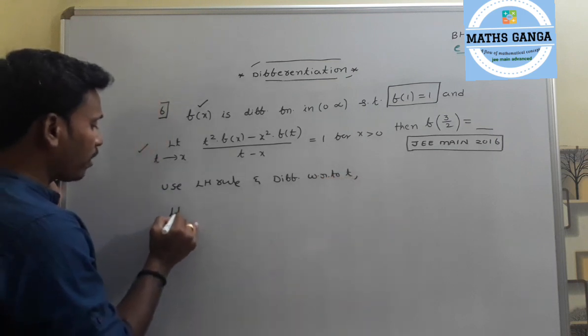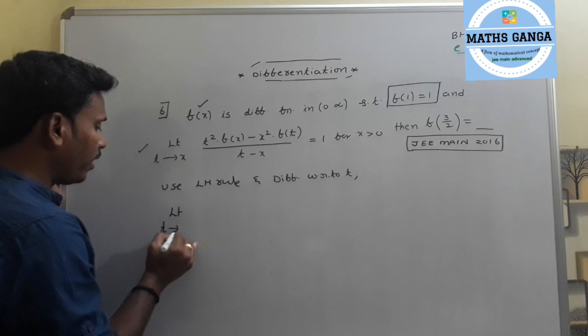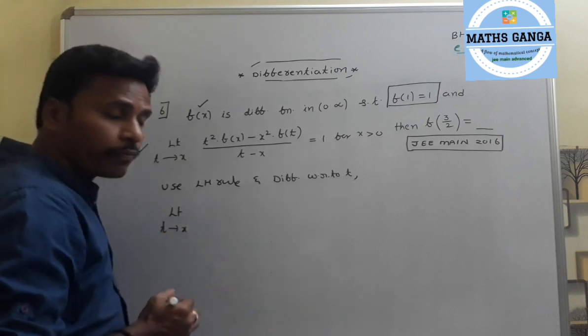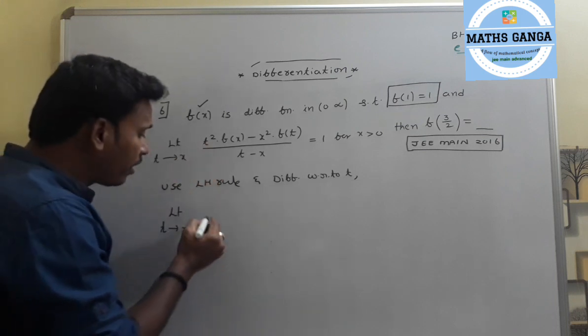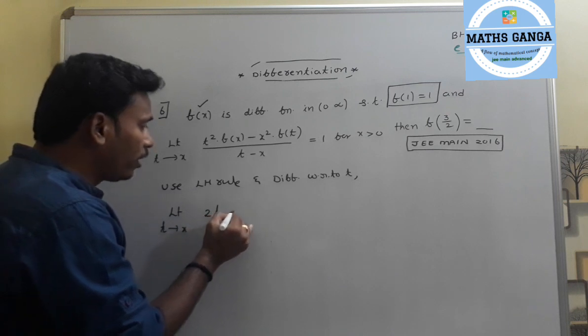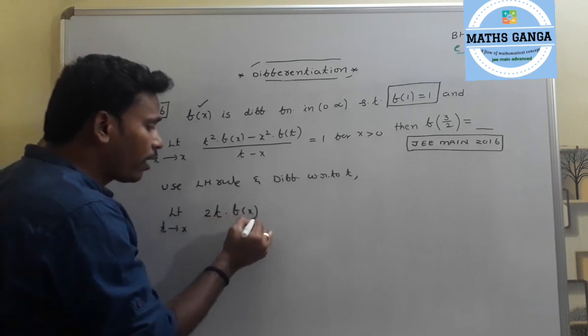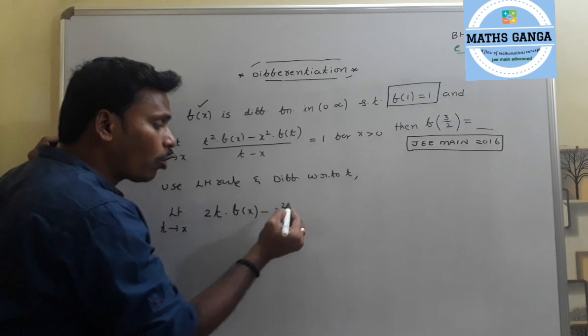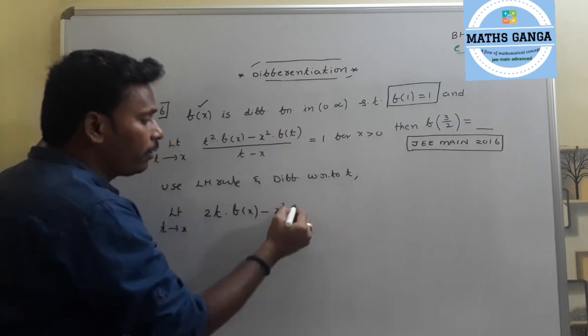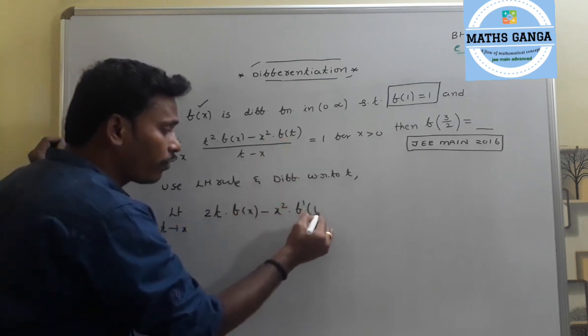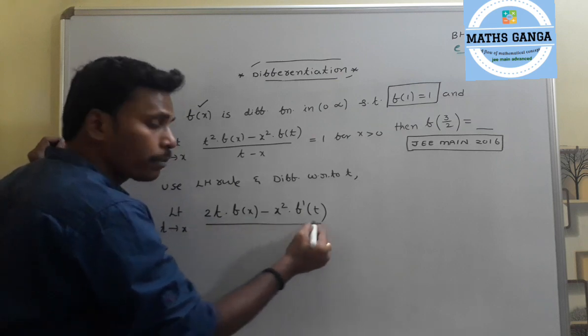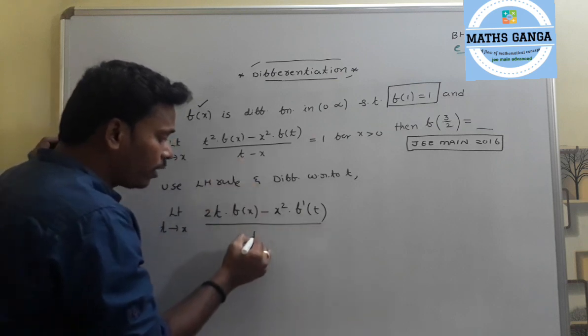So the next step becomes like this: limit t tending to x, t square, its derivative is 2t into f of x, minus x square is independent of t, and f of t gives f dash of t, divided by the derivative of t, which is 1.